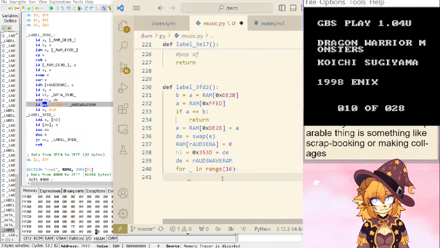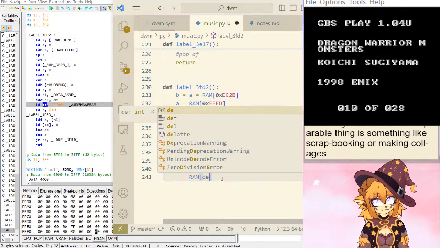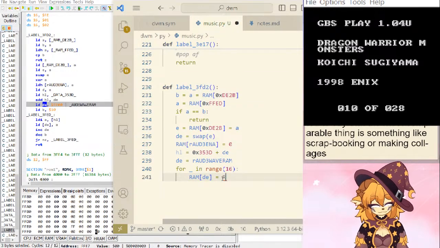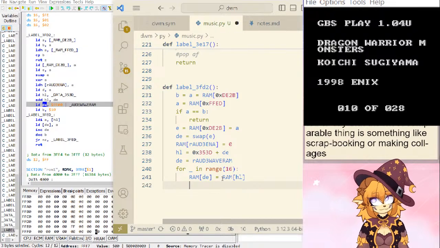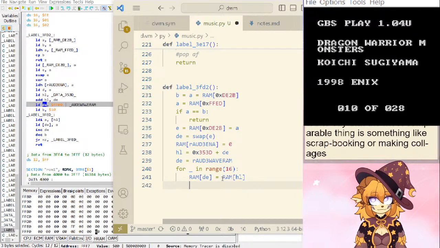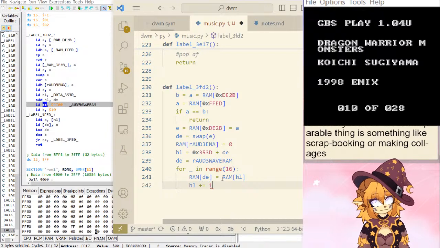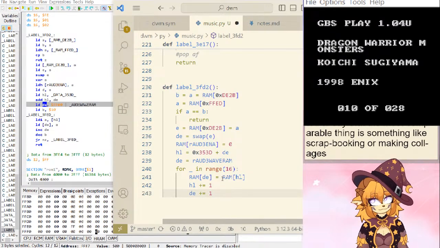So this is actually just putting it into DE. So we'll say DE. It's running on HL. And then HL plus equals 1, DE plus equals 1, and loop. And then it returns.